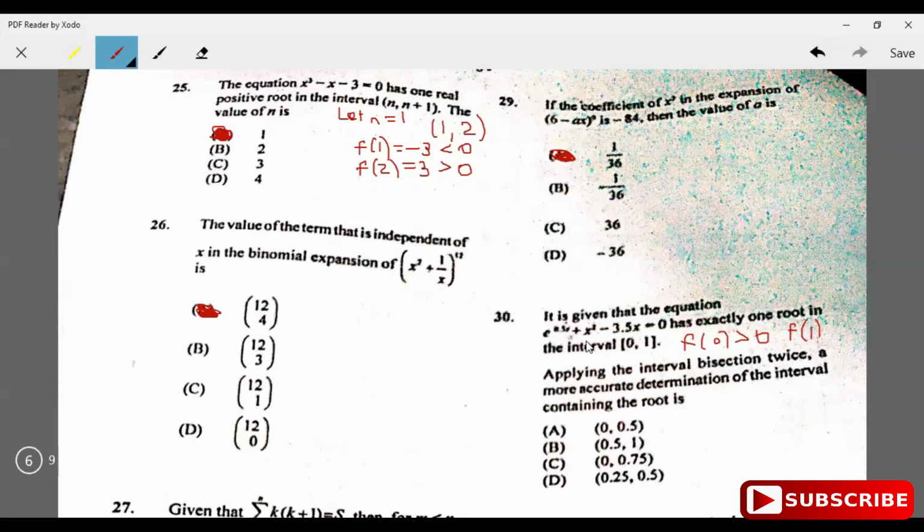That's less than 0. All right, so indeed the root lies in this interval. This one is less than 0.